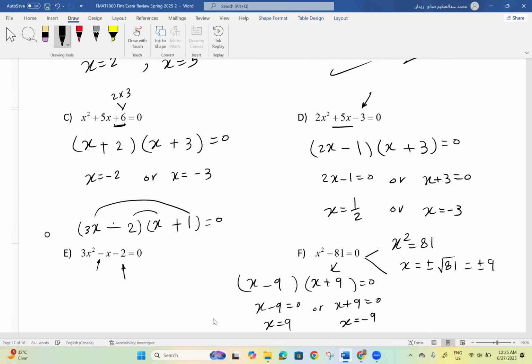Please make this one positive and the other one negative. Oh, not working. Okay, no problem. So this one is actually negative. So you just write 3x plus 2 is equal to 0. So x equals negative 2 over 3. Or x minus 1 is 0 and x equals 1.